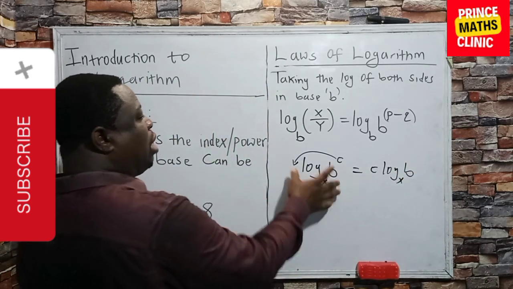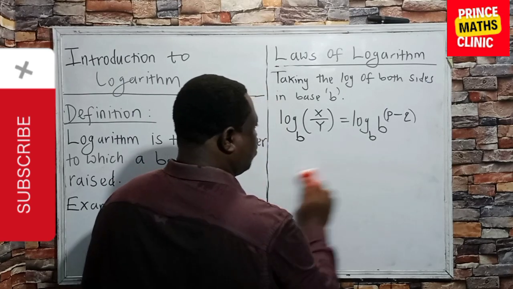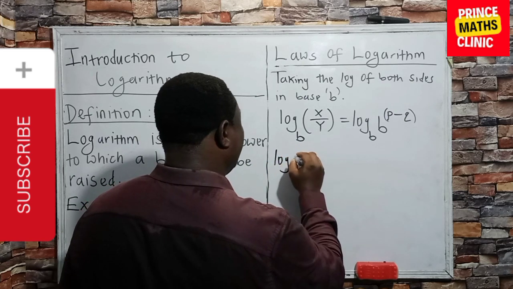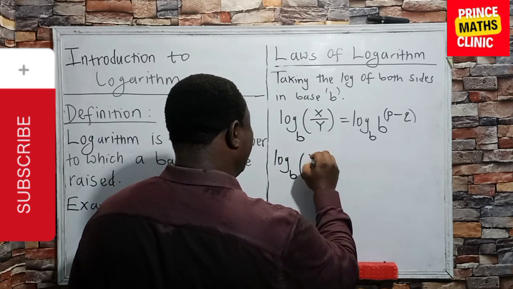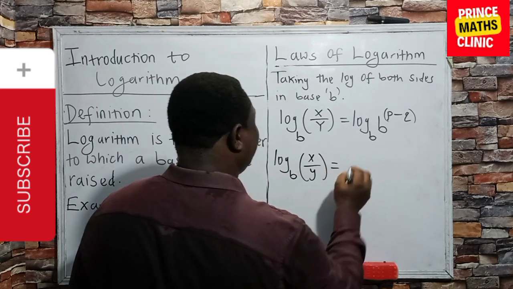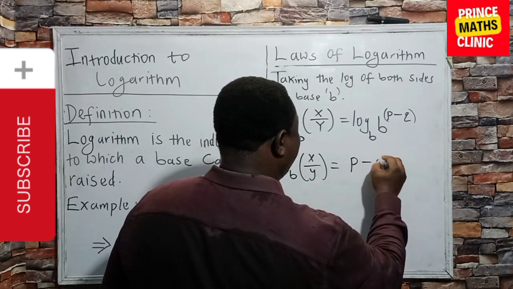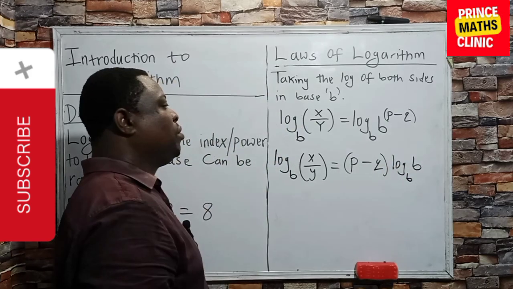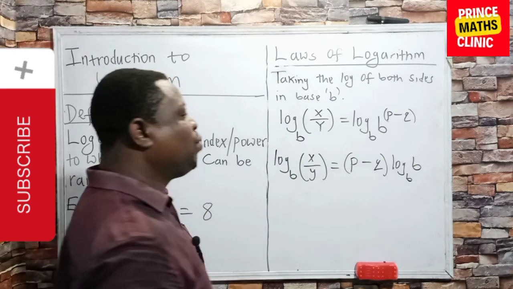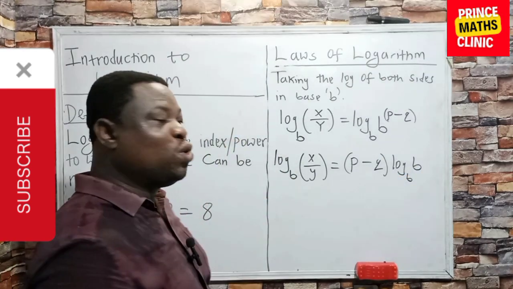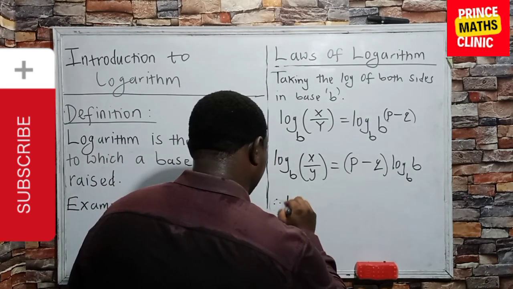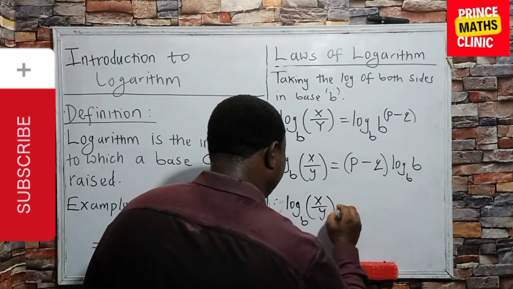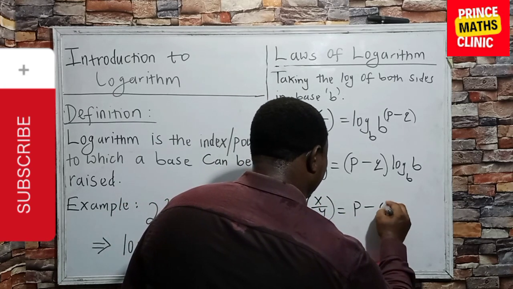So applying this particular principle, we will now say log base b of x over y is equal to p minus q times log b base b. And we have already explained that when a log and a base are the same, it turns to 1. Therefore, log x over y base b is p minus q.